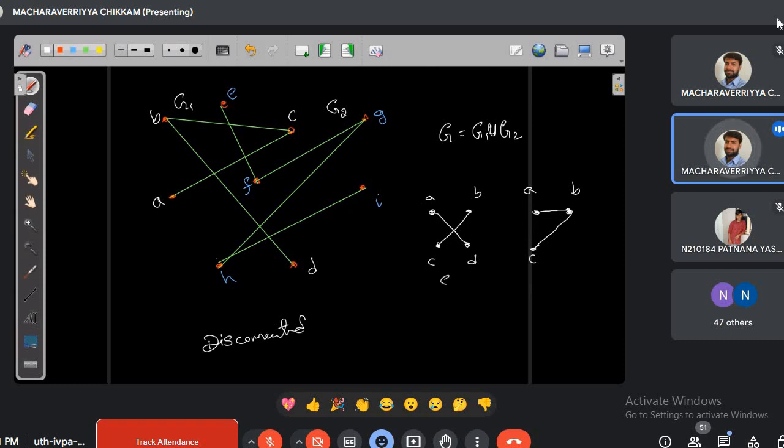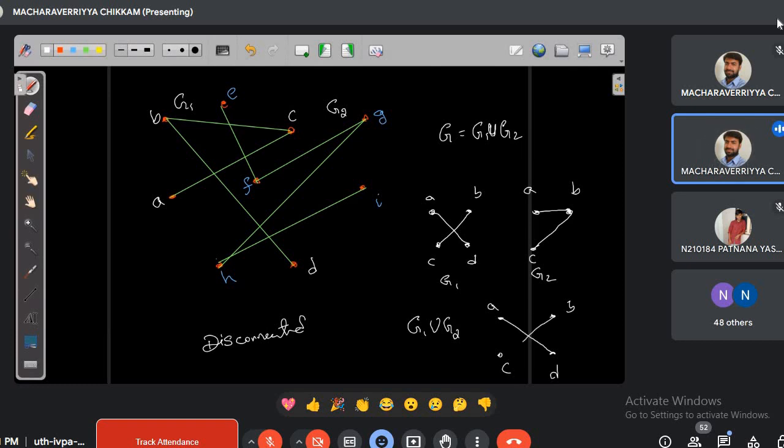If you assume that this is graph G1 and this is graph G2, now what is the union of these two? G1 union G2 is nothing but the graph given with these four vertices A, B, C, D, right?